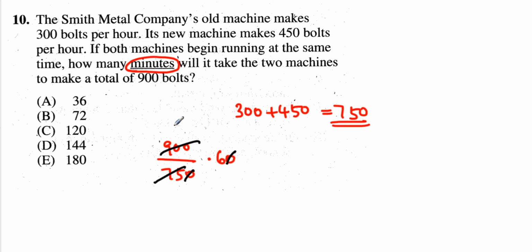It's going to go into it 1 time, and then maybe 15 times, actually, not 15, 12 rather. 12 times 6 becomes 72. So 72 minutes would have been our answer.